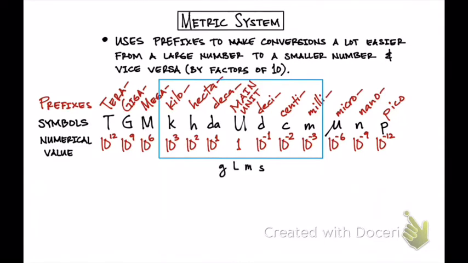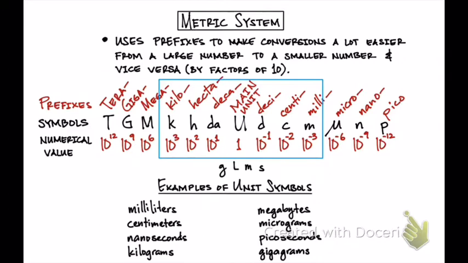And again, these are the main units. You have the grams, the liters, meters, and seconds. And here are some examples of different units and also their symbols. So the first one is milliliters. So milli is little m and liter is capital L. So milliliters would have the symbol lowercase m, capital L. So mL. Centimeters would be lowercase c and m.